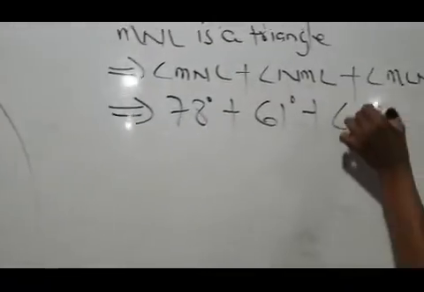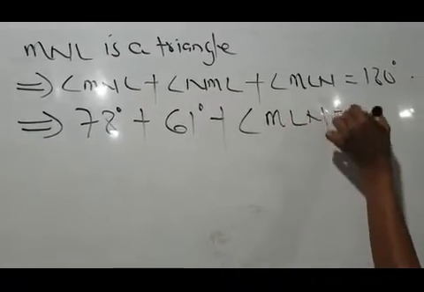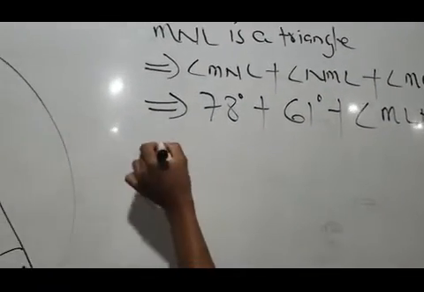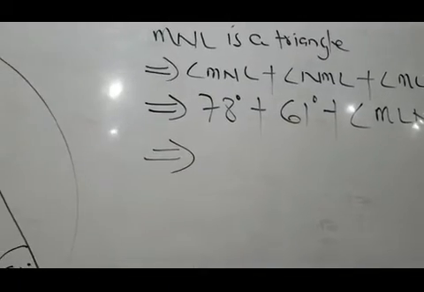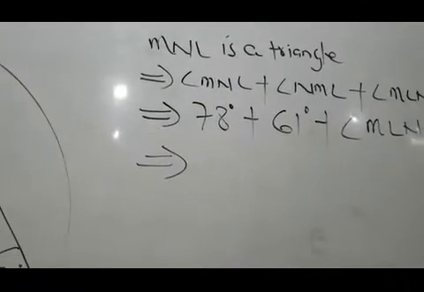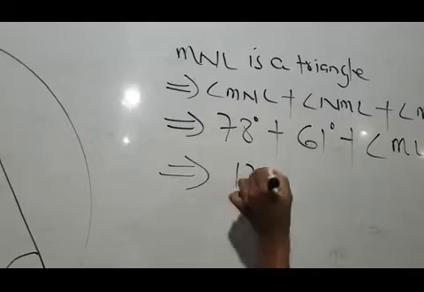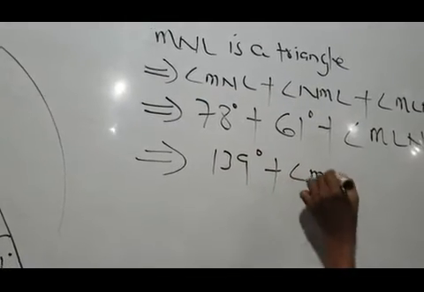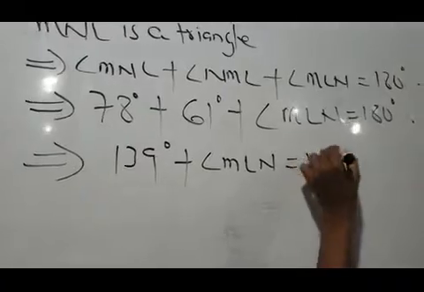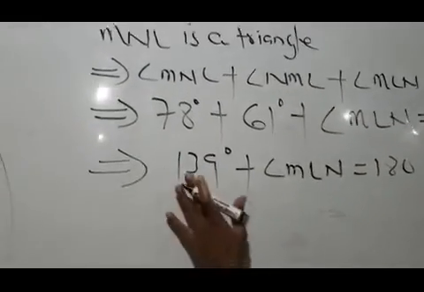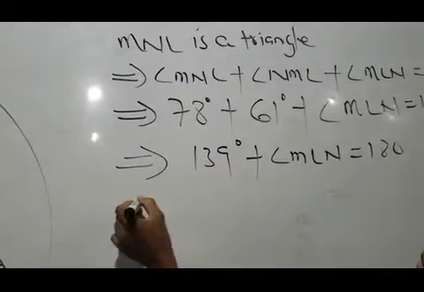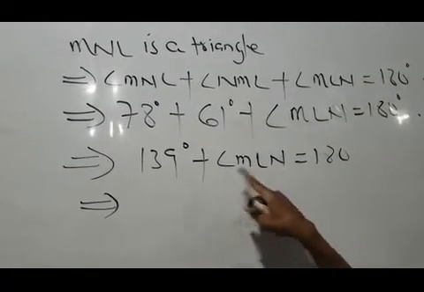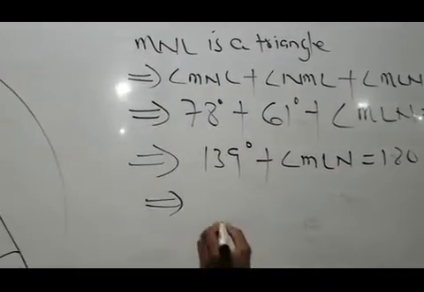So MLN is equal to 180 degrees. This implies 78 plus 61, that will give you 139 degrees, plus angle MLN equals 180. To be able to find the angle at L, we will take this 139 to the other side.